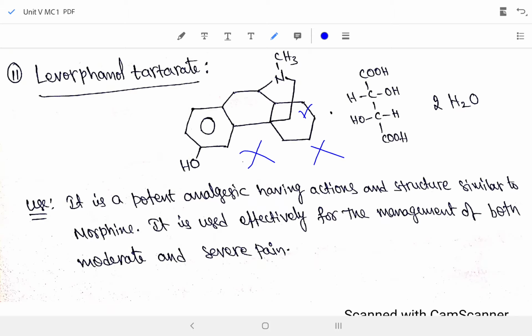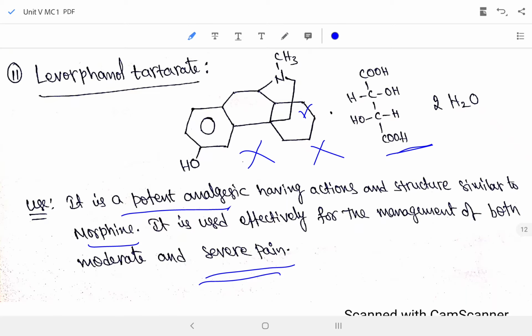If the morphine ring is modified like this by removing all those things, you will get levorphanol, which I have discussed earlier when explaining the structure-activity relationships. You have to remember that it is a potent analgesic, similar to morphine, and it is employed like other compounds for treatment of severe pain.